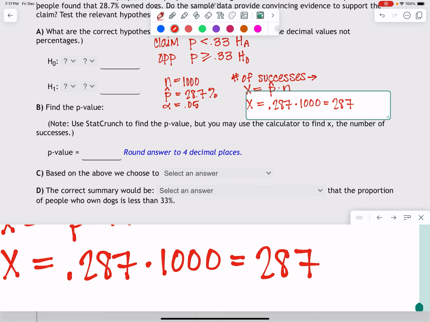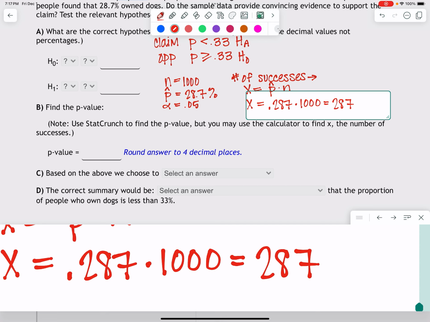It looks like we need to run it through so we can make a conclusion. So I'm going to go to stats and proportion stats with a summary. We had 287 successes out of 1,000 observations. Our HO is going to be P equal to 0.33.